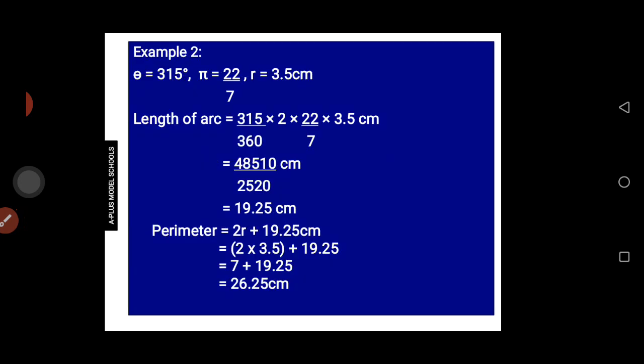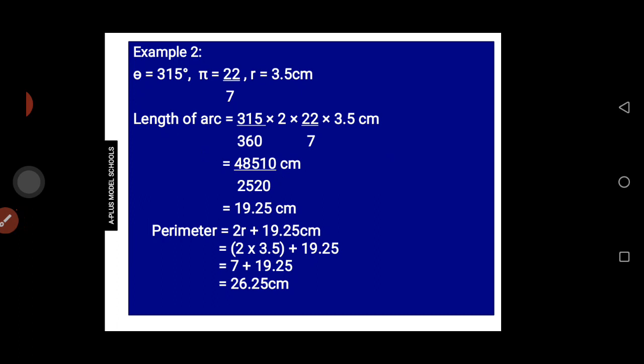So now go to example 2, where we are given an angle of 315 degrees. Also look for the value of the length of the arc before looking for the perimeter. Once you find the length of the arc, just add 2r to the answer.